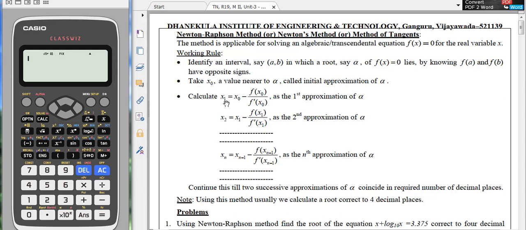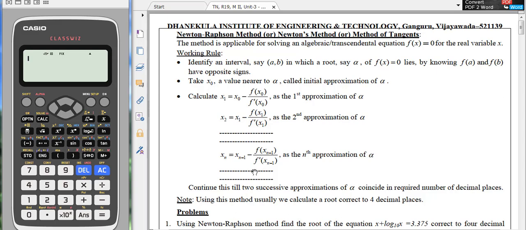On getting the value x1, we go for calculating the value x2 as x1 minus f of x1 by f dash of x1, and proceeding like this we calculate the nth approximation as x(n-1) minus f of x(n-1) by f dash of x(n-1).